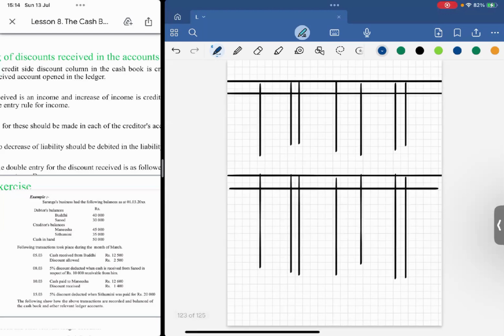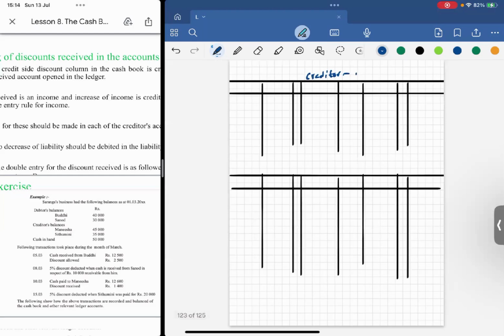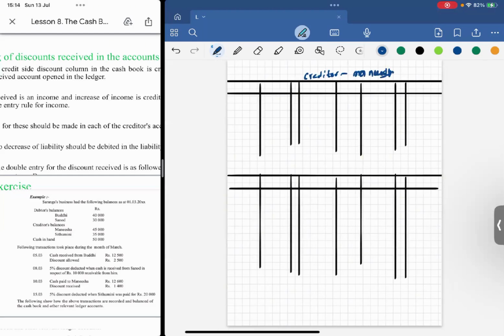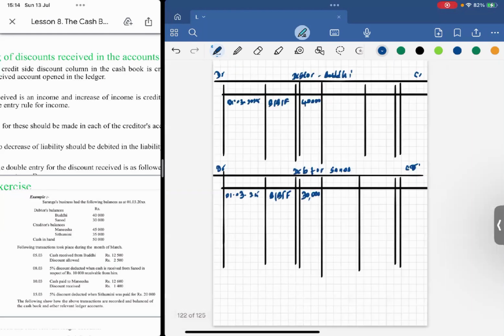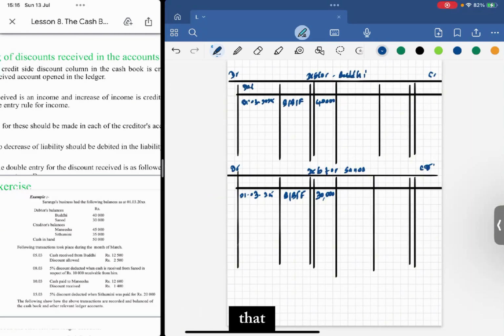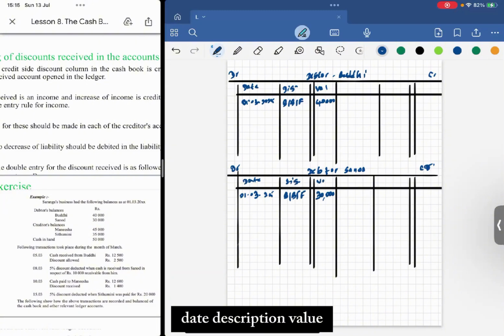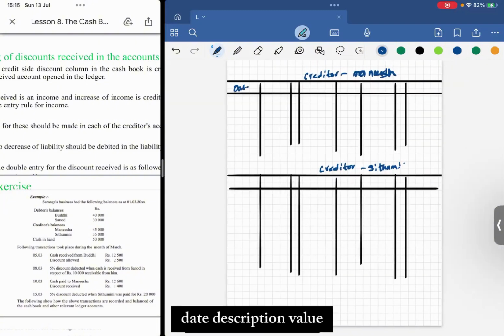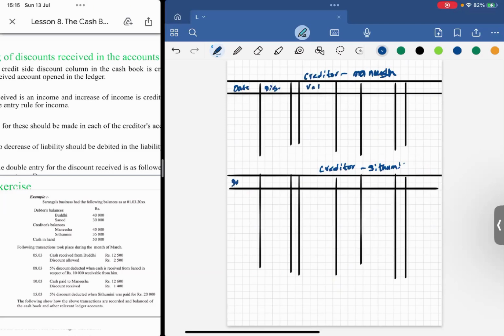Then there are two creditors, Manisha and Situmini.